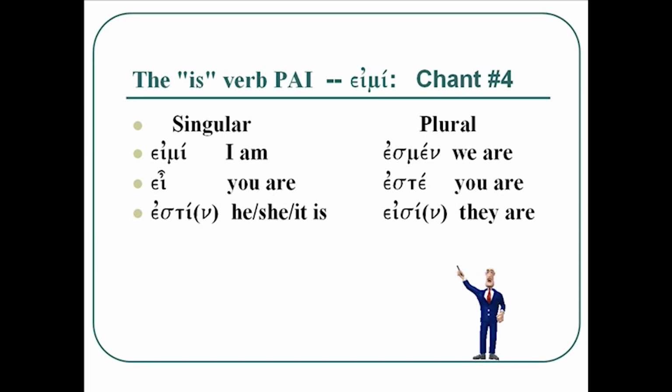First person plural is esmen, we are. Este is second person plural, you are. Esin is third person plural, they are. This verb is extremely important, used all over the New Testament, so we'll just learn to chant through this and get this down cold.